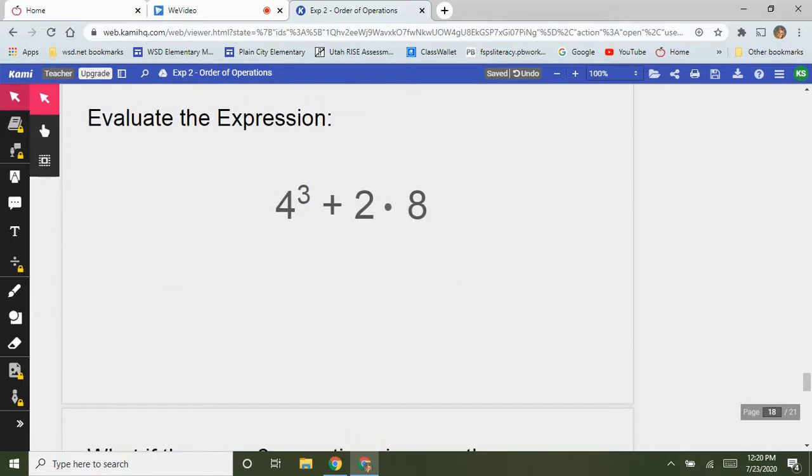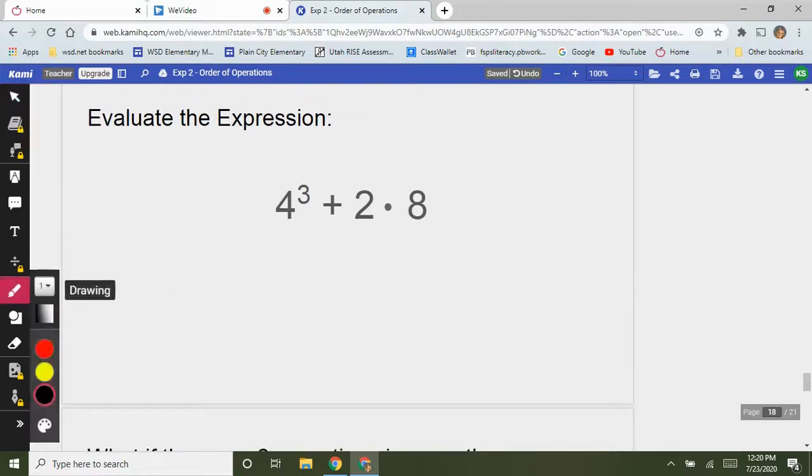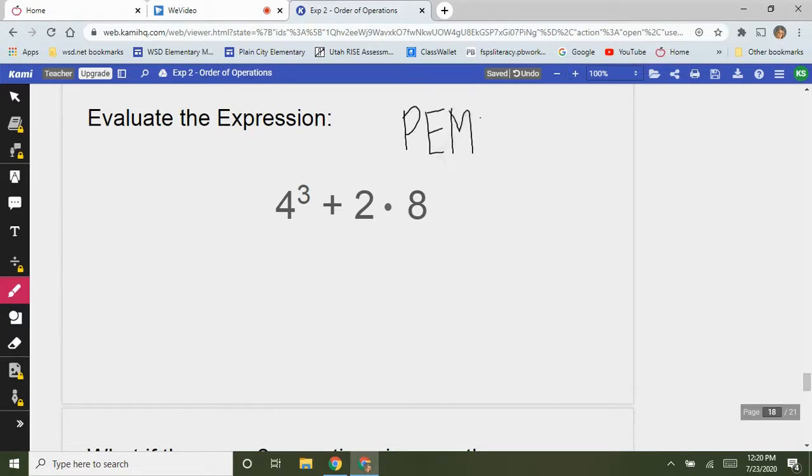Okay, try this one. Pause your video while you're trying it, and then press play when you are ready to go over it. Okay, you hopefully wrote your PEMDAS. Parentheses? Nope. Exponents, yes. 4 to the third. 4 is my base. 3 is my exponent.